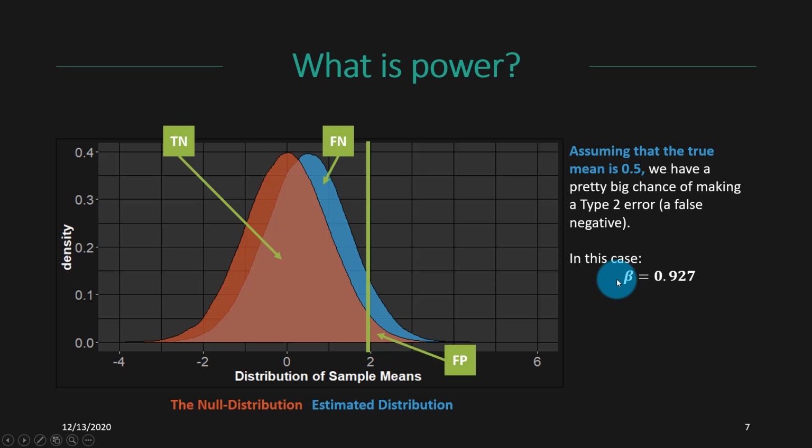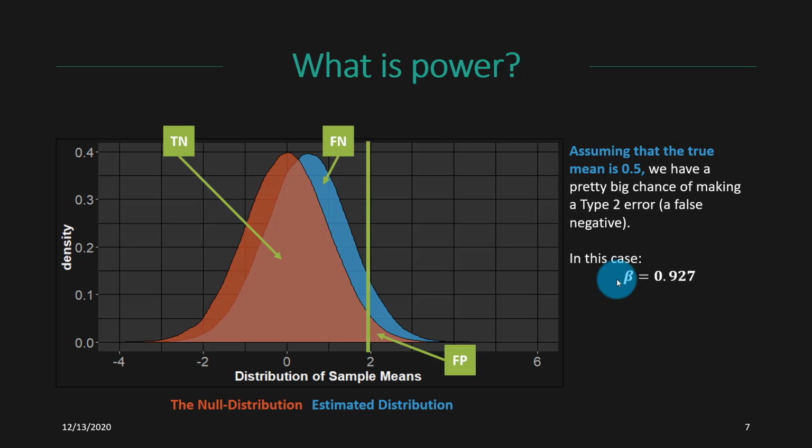And in this particular case, if you actually calculate the area under the curve to the left of our significance threshold, the beta is 0.927. So about 93% of the time, we would be saying that the result wasn't statistically significant, even though the real effect was 0.5.